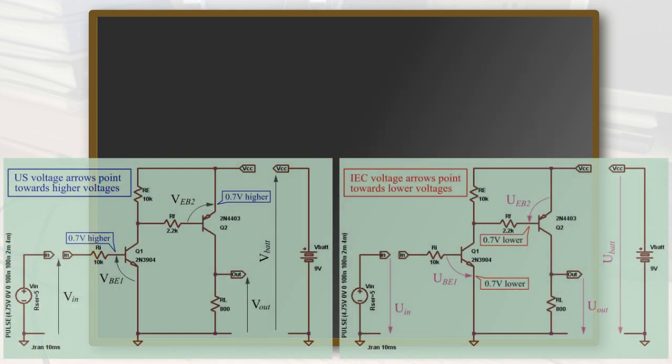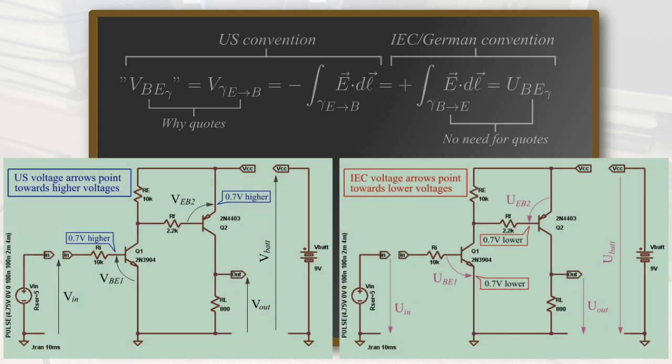To clarify, here is an example with a transistor circuit. We all know that an NPN junction transistor in the active region has approximately a base emitter voltage of plus 0.7 volts, with the base higher than the emitter. For a PNP transistor, VBE is minus 0.7 volts, which also means that VEB is plus 0.7 volts, with the emitter higher than the base.